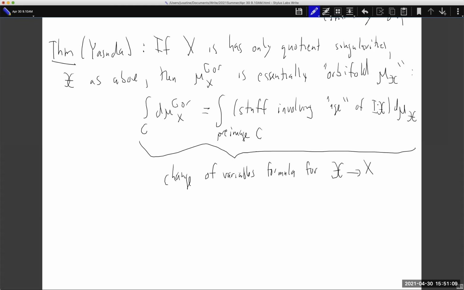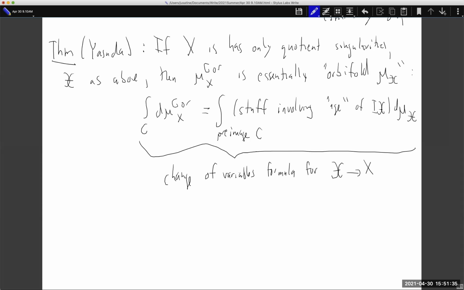And this inertia stack is parametrizing pairs: a point, comma, an element of the stabilizer of that point. So this inertia stack is somehow taking the stacky information about the stabilizer groups and making it geometric, in that you now have something whose points even parameterize those groups instead of just having the stack structure with those groups.